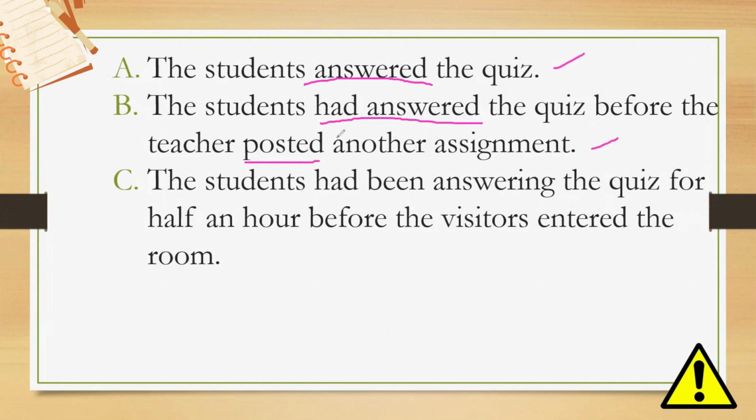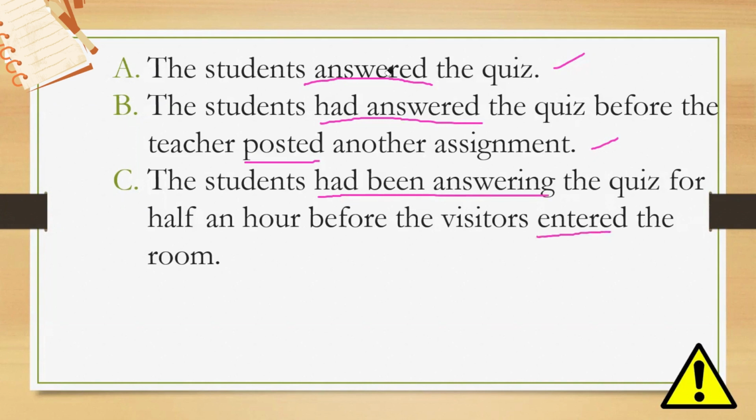This is actually the first action, had answered. The second action is in the past tense. To know the difference, the students had answered first, completed the first action before another action took place. Or it could be the perfect progressive form, and then you have here entered.